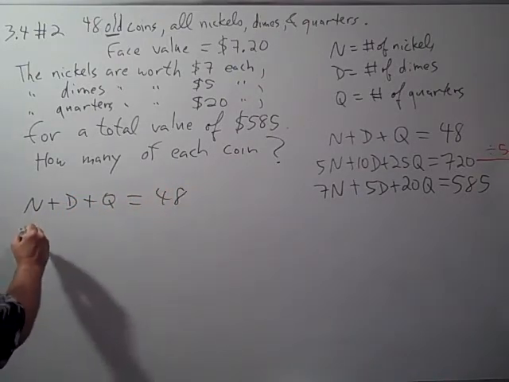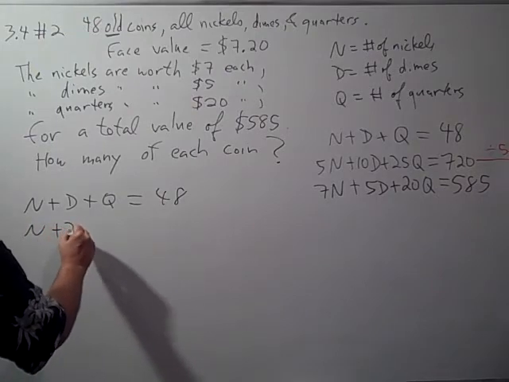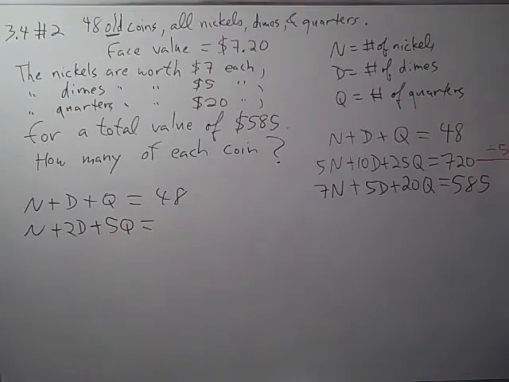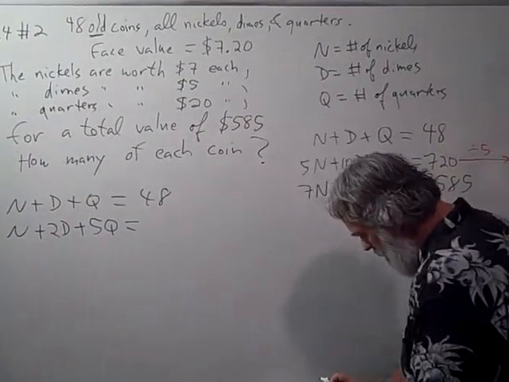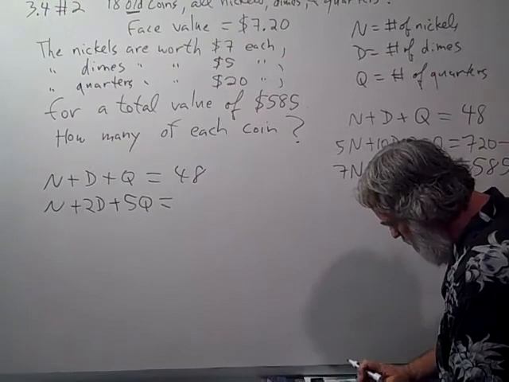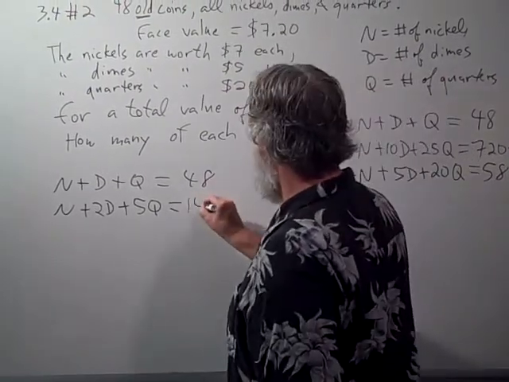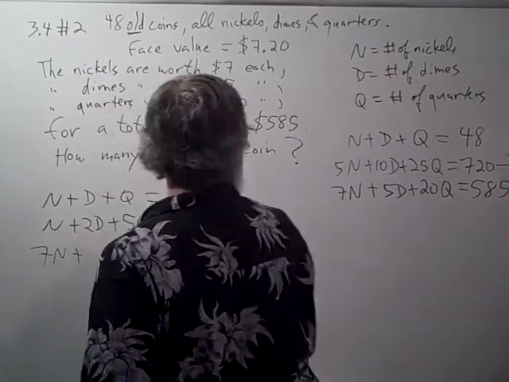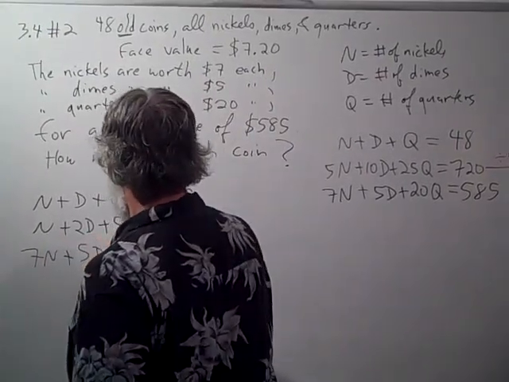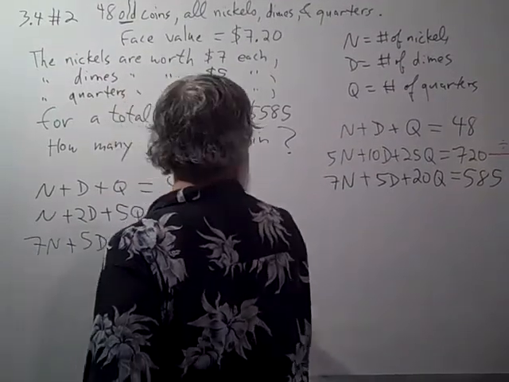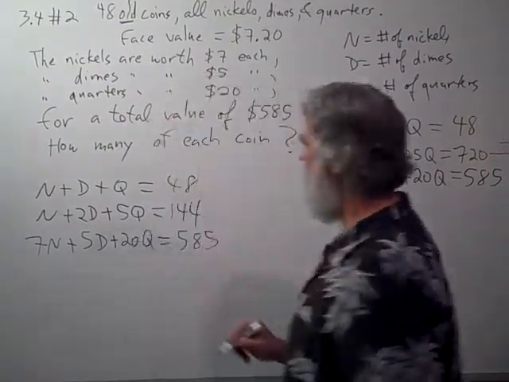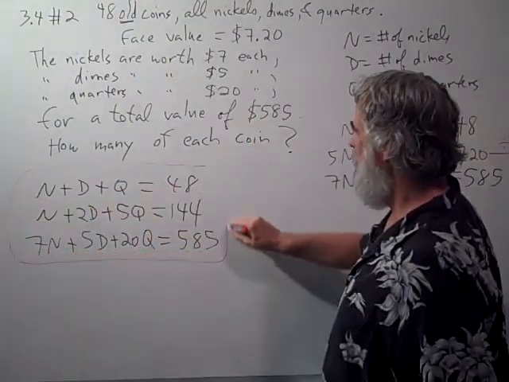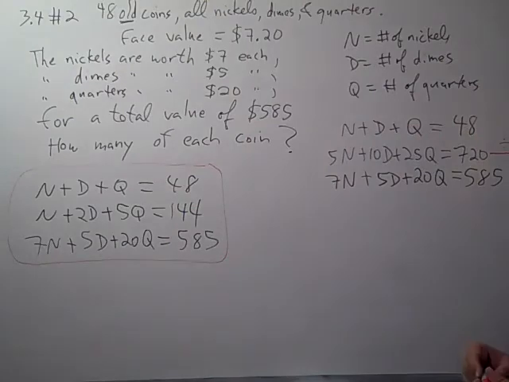Now dividing by 5, we end up with N plus 2D plus 5Q equals 720 divided by 5, which is 144. And finally the last one is 7N plus 5D plus 20Q equals 585. So these are the three equations with three unknowns that we'll now use Cramer's rule to solve.